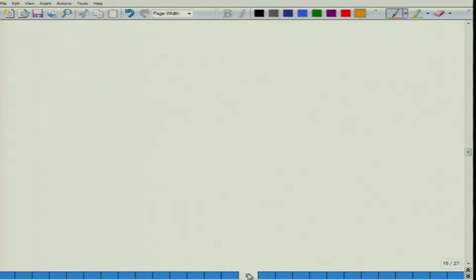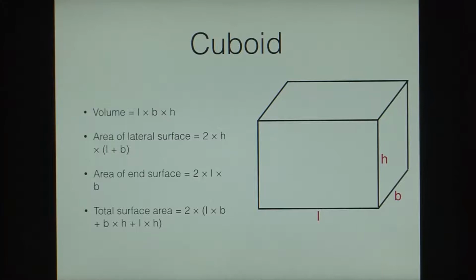A cuboid is a solid figure. It has 6 regular faces at right angles to each other. So, let us draw a cuboid.